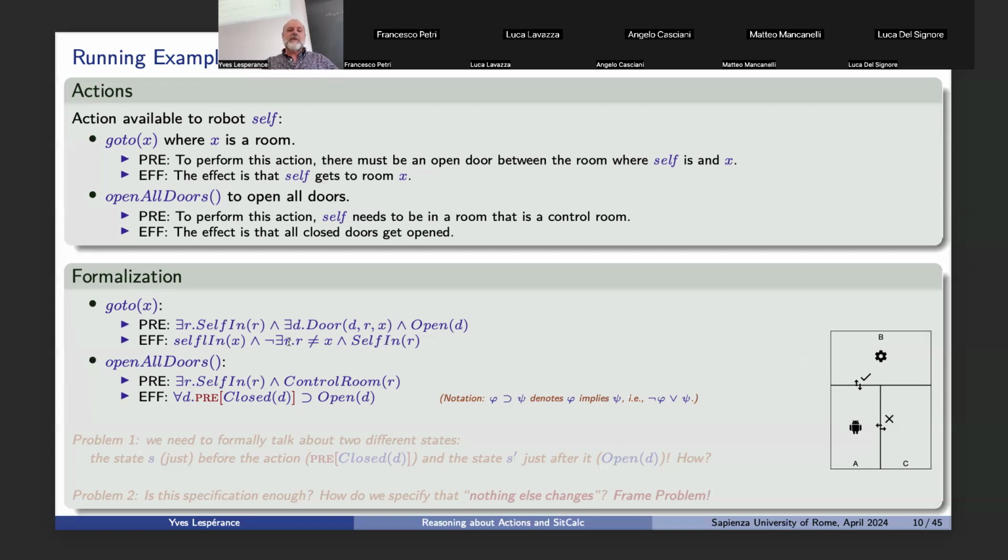So both of these are effects of going to room X. In some sense, this effect of no longer being in the original room is implicit. You don't say I'm going from room R to room X, but you can find out that currently I'm in room R.